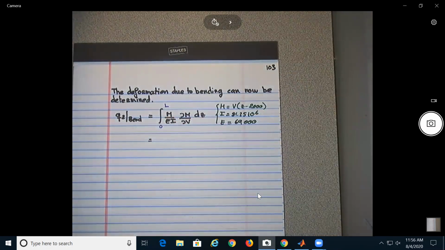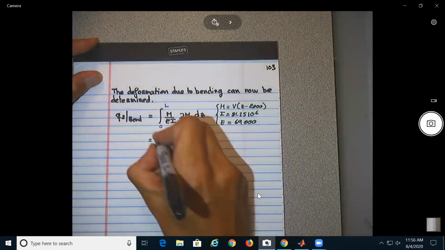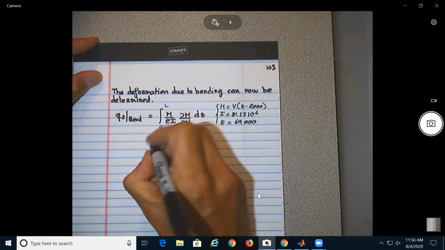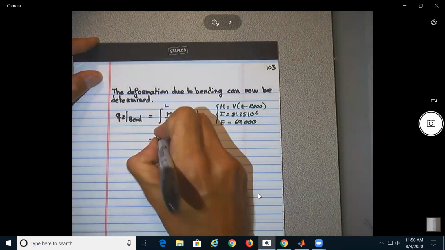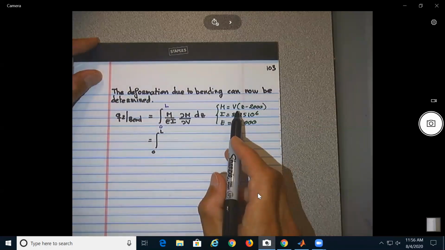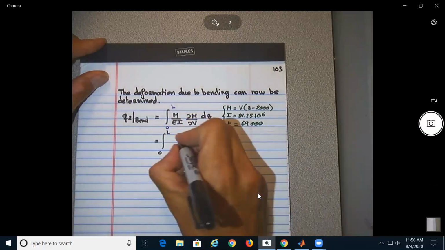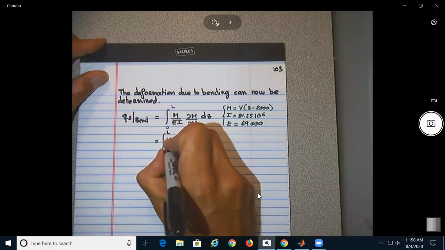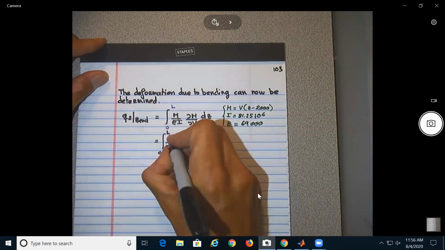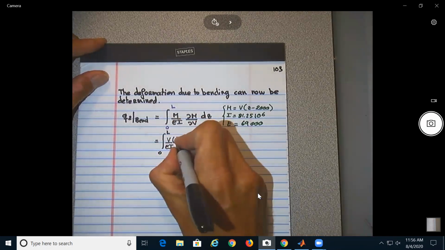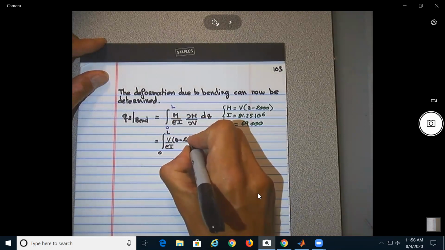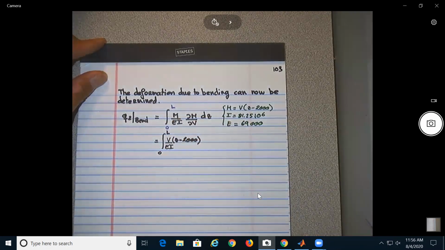All right. So with that information, what would be the deflection due to the bending? What is M? Let's say V over EI. So M is V of Z minus 2000.